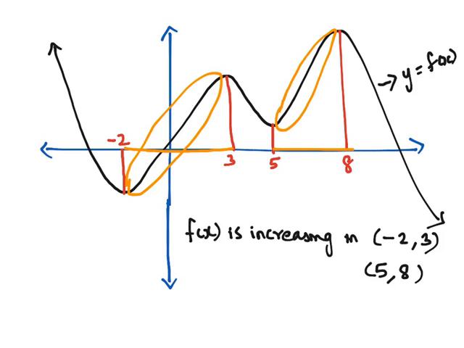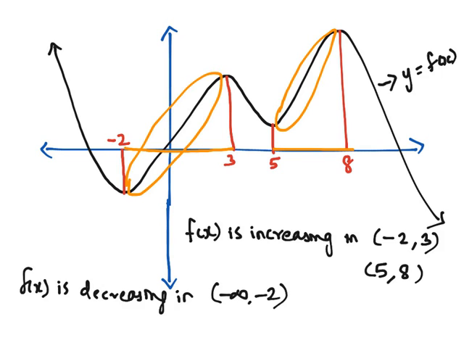So what about decreasing? f of x is decreasing in the interval minus infinity to minus 2. That means this part of the curve, as you can see, is decreasing.